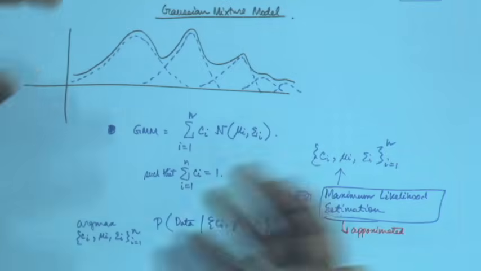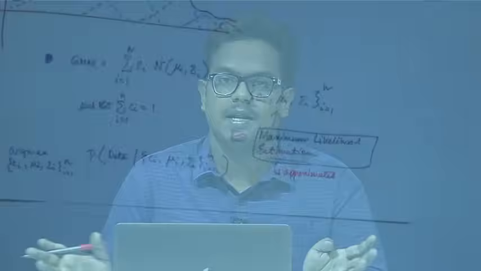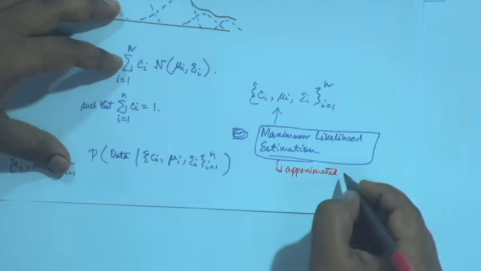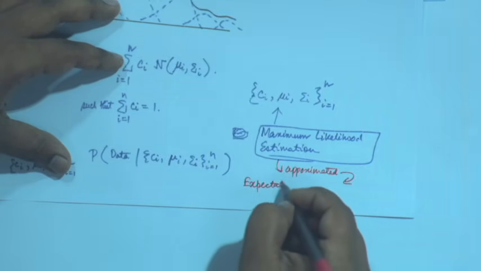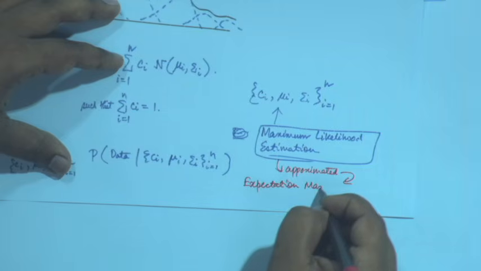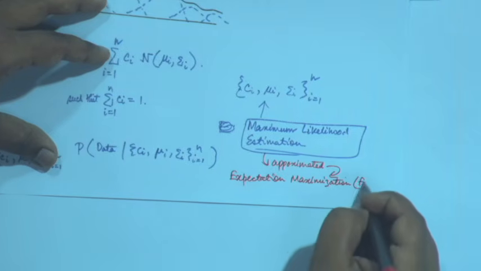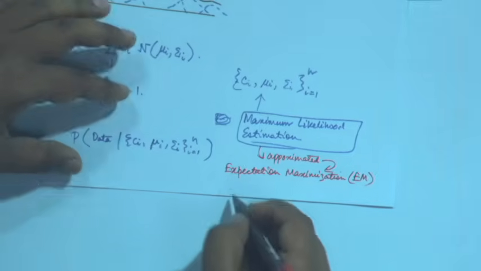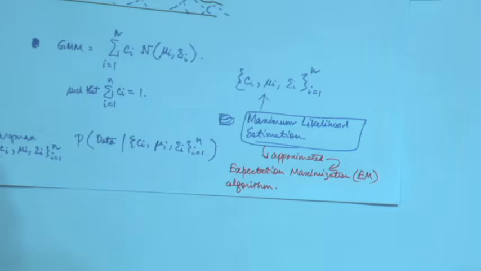Exact calculation of this maximum likelihood estimate is sometimes intractable and at most times really computationally heavy. So, it can be approximated nicely by an algorithm called the expectation maximization algorithm, also called the EM algorithm, very famous in ML literature. So, we use the EM algorithm to find the approximation of parameters.